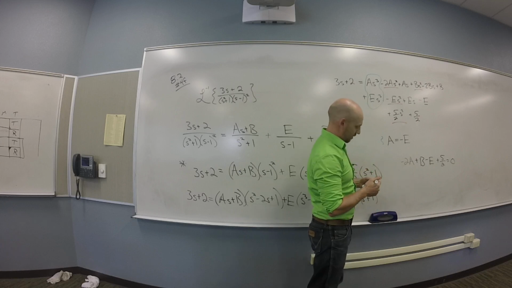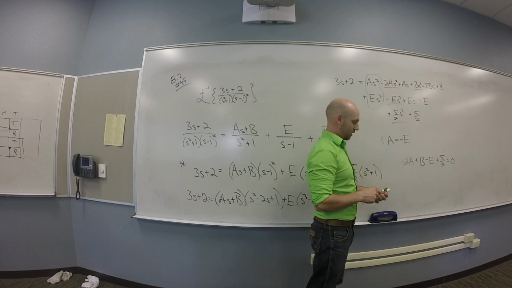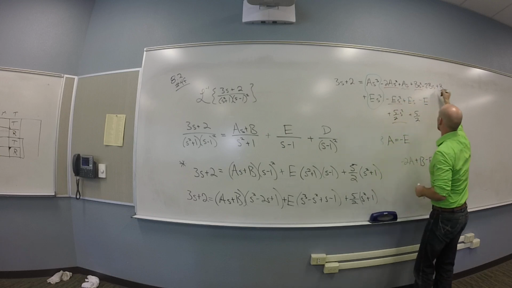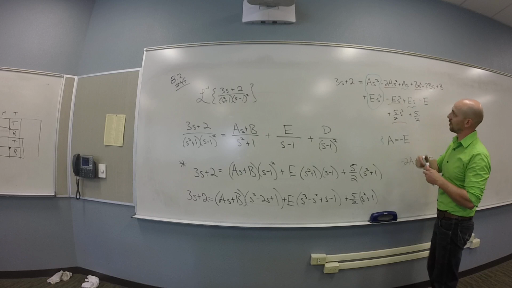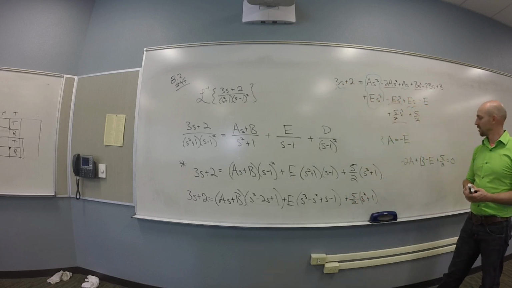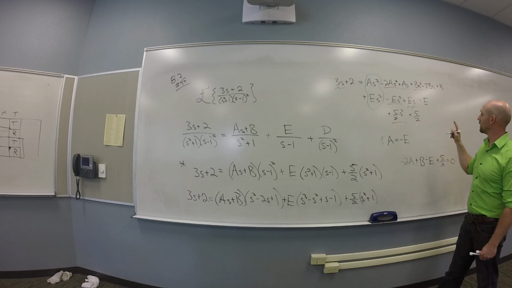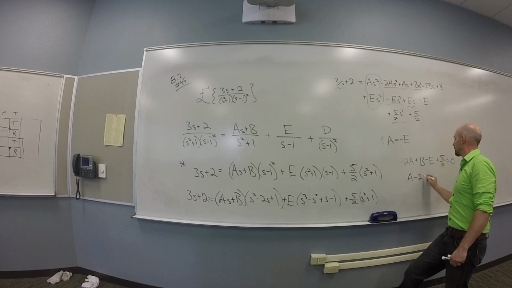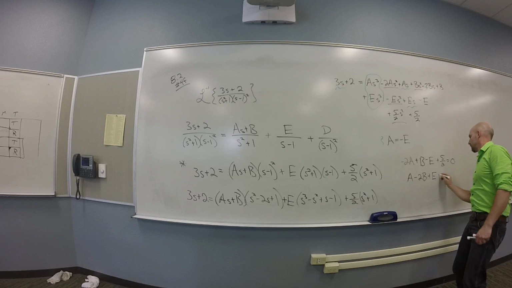Let's see, what else have I got? I got s's, right? So s's, s's, s's. How many s's? Oh, there's s's over there now. Good. Okay, so my yet another equation is a minus 2b plus e is 3.